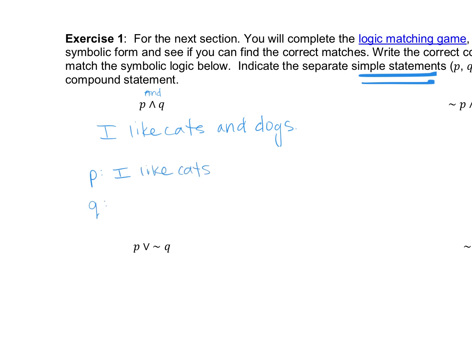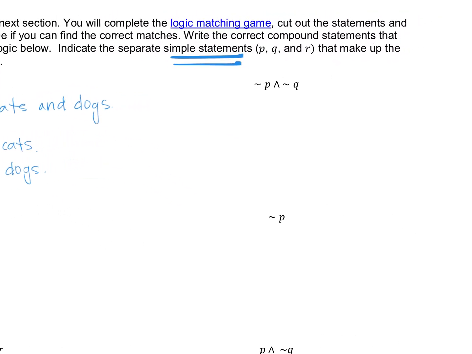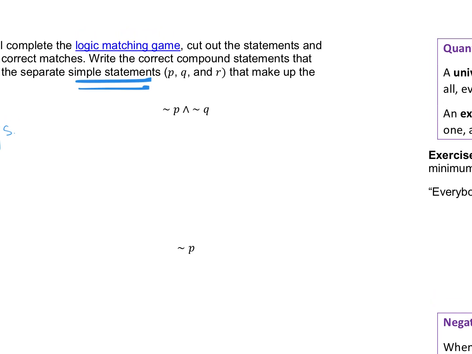And Q would be the statement, I like dogs. Don't just write dogs here, right? I like dogs. That would be a complete statement there, like a complete sentence, basically. For these, we have that little squiggle. Remember, that means not. So not P and not Q. That matched up with cats are not reptiles.